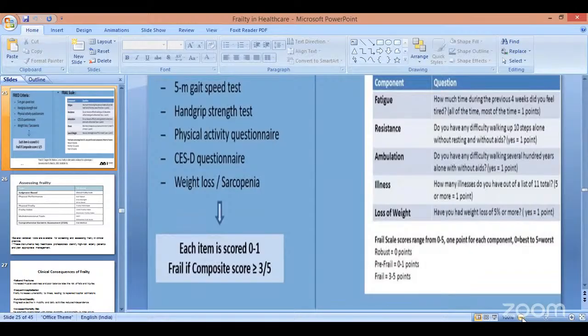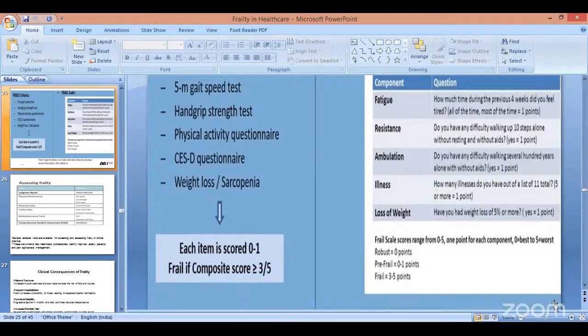Ambulation: do you have any difficulty walking several hundred yards alone without aid? Yes, 1 point. Illness: how many illnesses do you have out of a list of 11 total? 5 or more, 1 point. Loss of weight: have you had weight loss of 5% or more? Yes, 1 point.